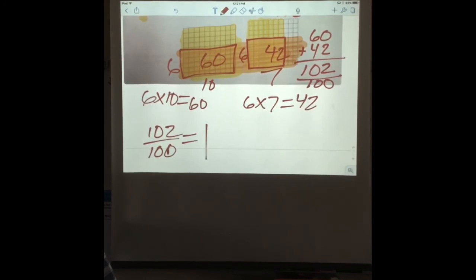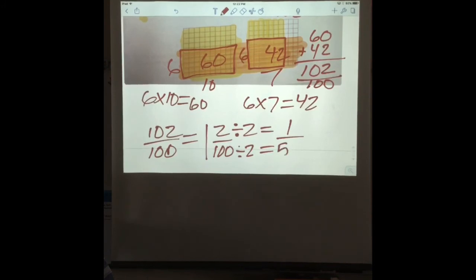That equals 1 and 2 hundredths, right? Excellent. And if I wanted to make that smaller, I actually could, couldn't I? Could I halve this? Halving 2 is dividing by 2, right? So it's going to give me a 1. And if I halve the 100, that's going to be 50. So I'm going to have 1 and 1/50th.